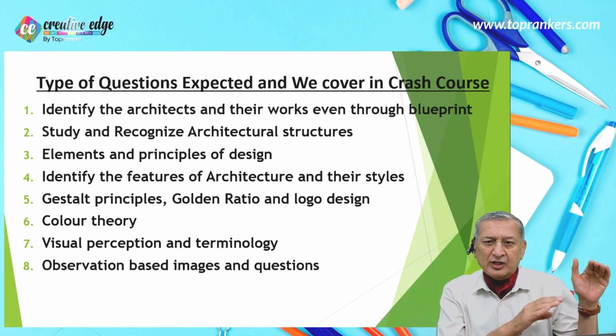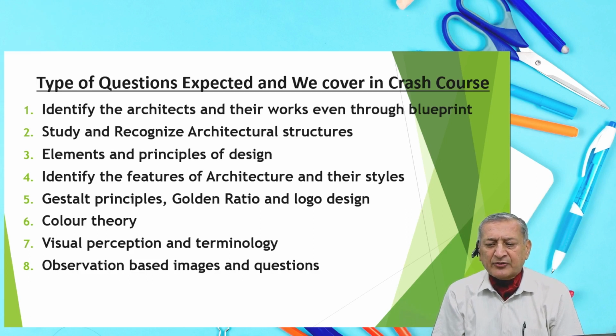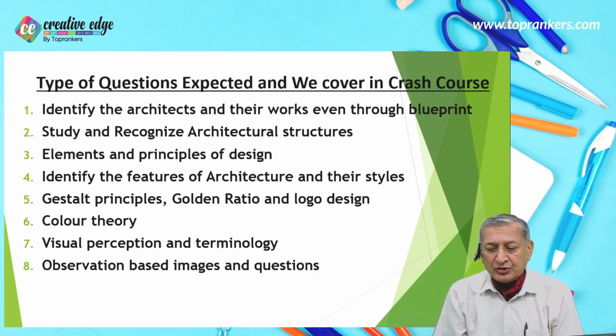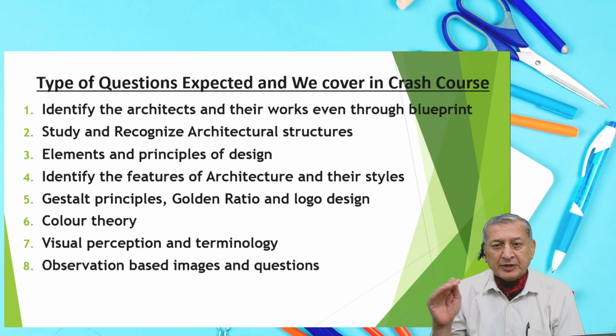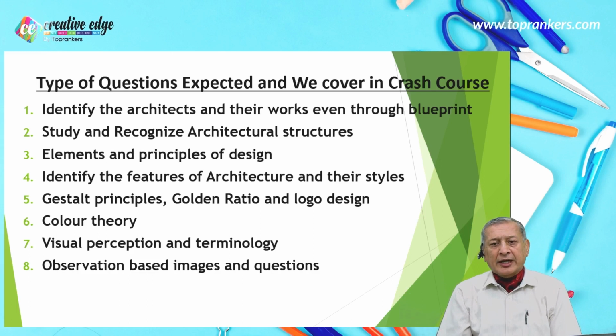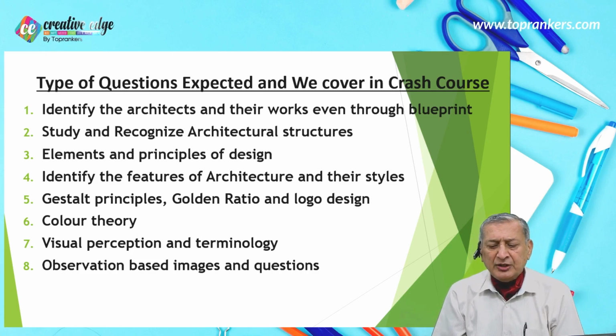This goes into multiple kinds of questions. The fourth topic is to identify the features of architecture and their styles, Gestalt principles, golden ratio, and logo design. Then the optional questions could be MCQ, color theory, color perception, and color emotions, visual perception and terminology, observation-based images and their questions.